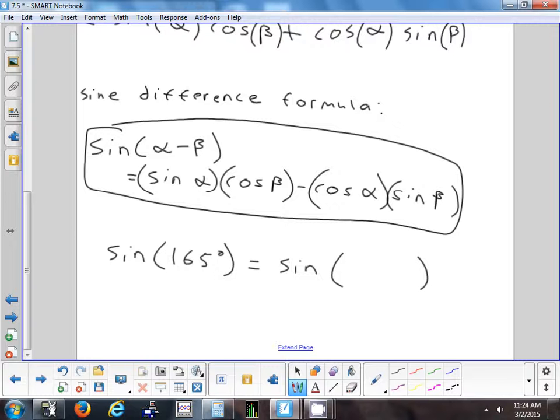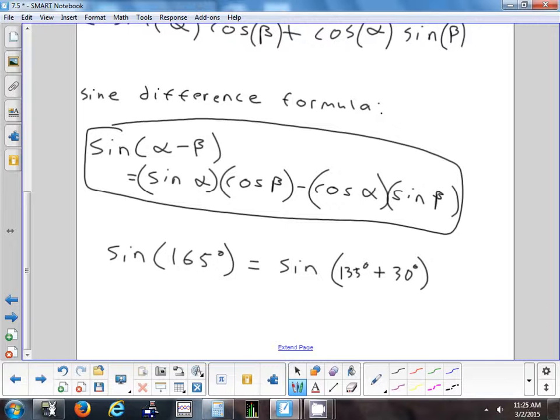But the trick is you've got to give me two numbers that are multiples of 30 and 45. Yeah? 135 and 30. 135 and 30. Yeah. That'll work. I was also thinking of, oh no, my way wouldn't have worked. Yeah, that'll work. But you could probably do it other ways too.